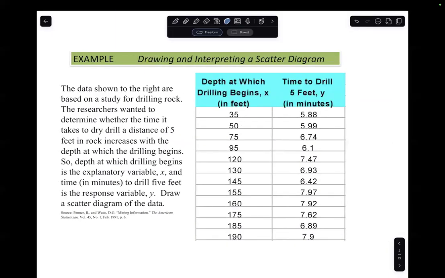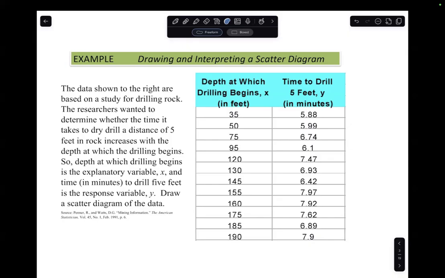All right. So this is a set based on a study for drilling rock. What they determined was how long it takes to drill 5 feet of rock, based on how deep we are when we start drilling.